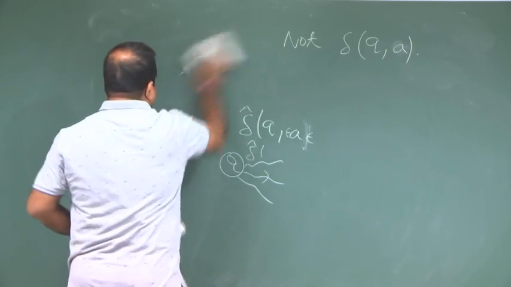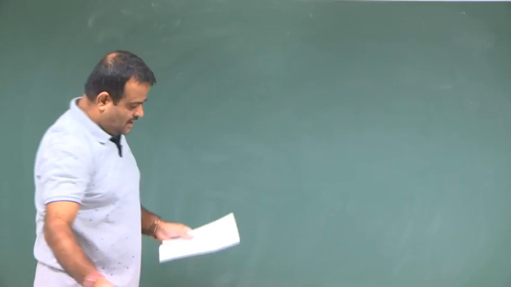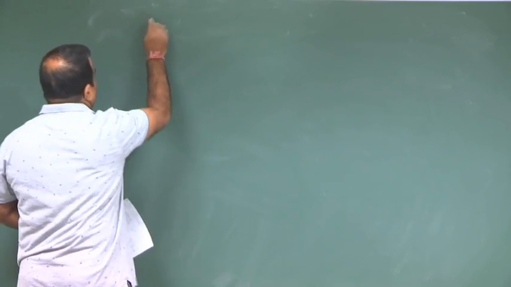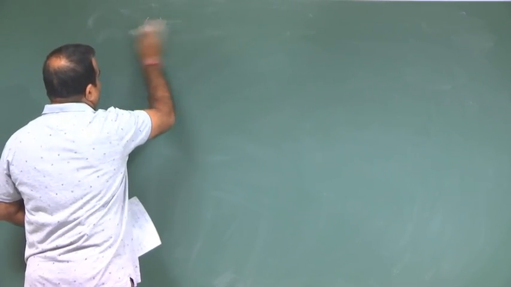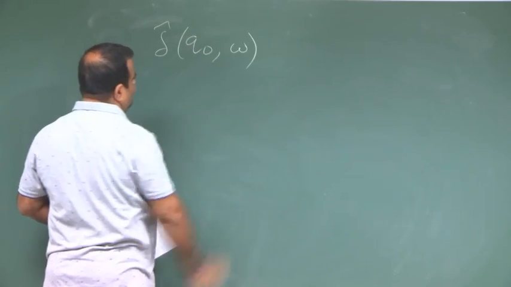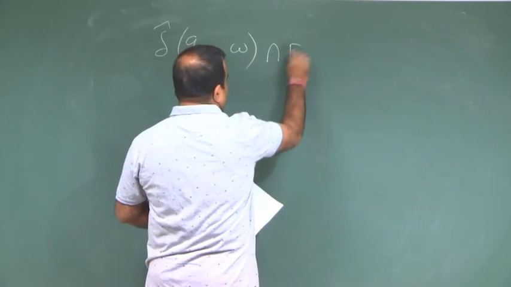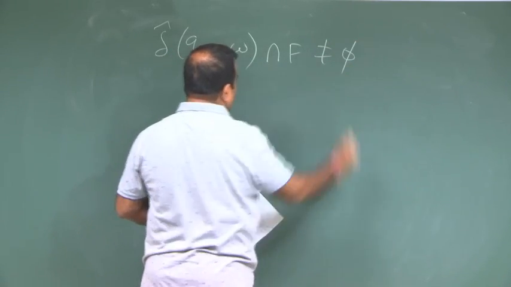Now we define when a string is accepted by an epsilon NFA. A string W is accepted if delta hat of q 0 comma W intersection F is not empty.